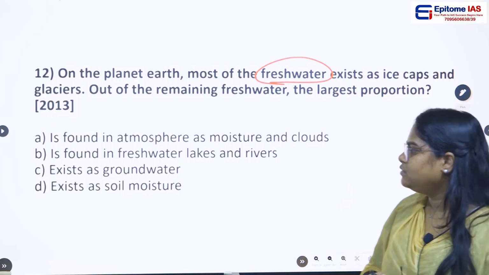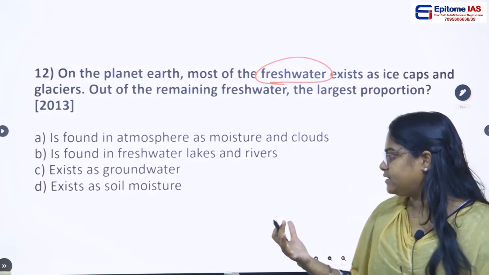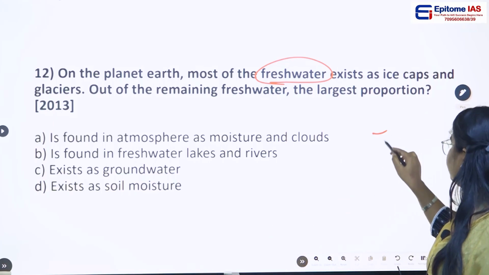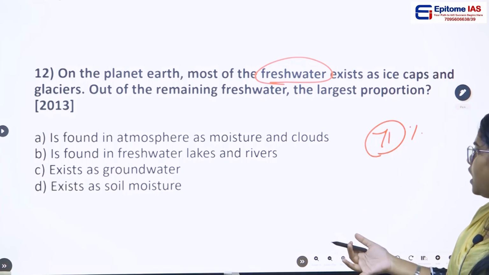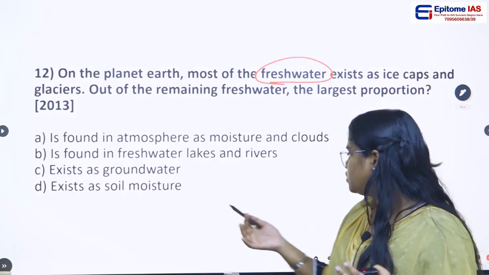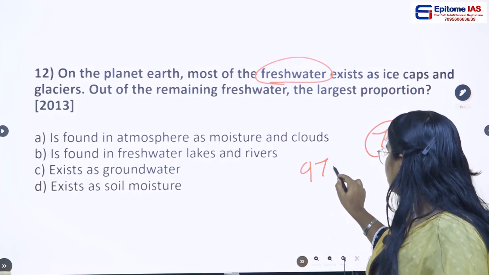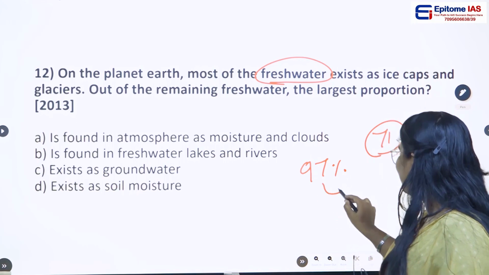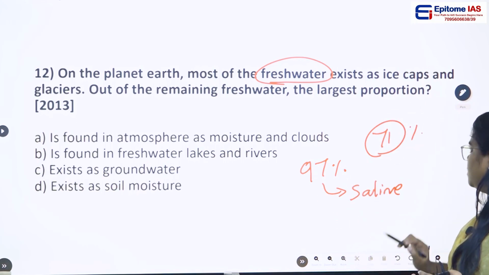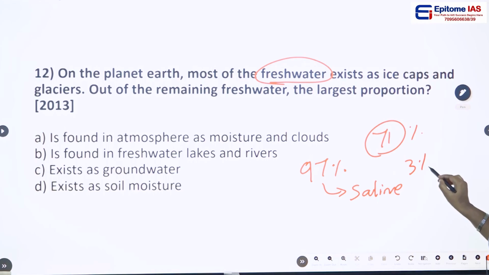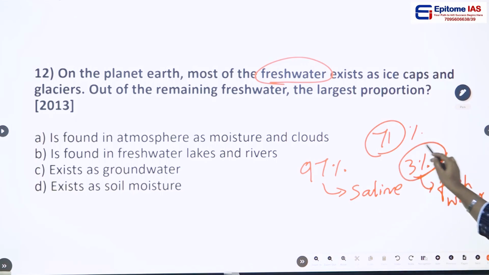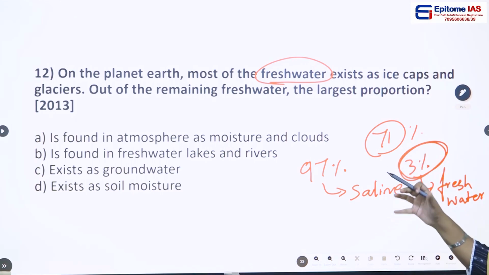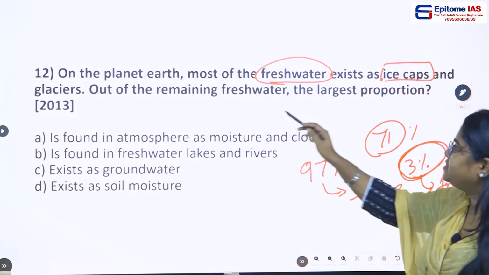So we already know we are the blue planet, right? Nearly 71% of the earth is covered with water, and in this total water, around 97% is saline water. Only 3% of this water is fresh water. So they are asking that out of these 3% fresh water, the majority is ice caps and glaciers.